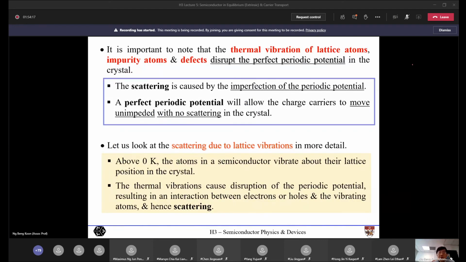Now, all these processes that result in collision have a fundamental effect on the carrier: they disrupt the periodic potential that you see in a crystal. In the ideal case, if there's no vibration, no impurity atoms, and no defects, then the atoms are positioned in well-defined locations in the crystal, and the periodic potential that a charge will see is fixed.